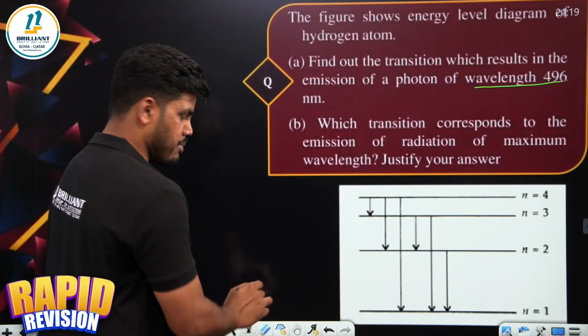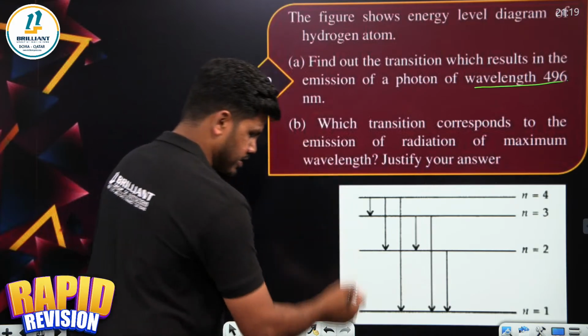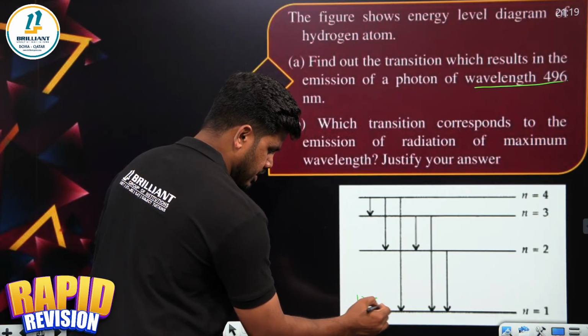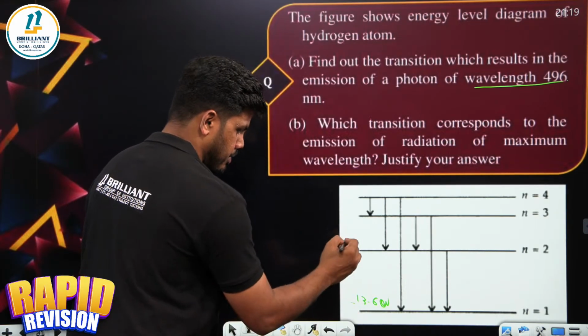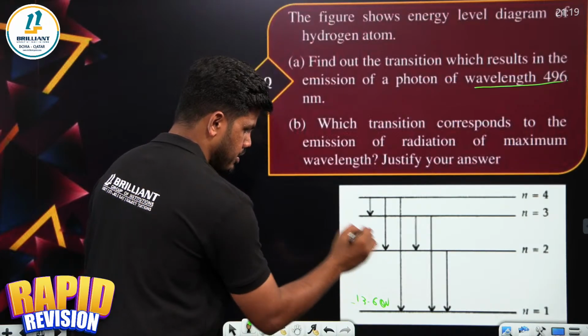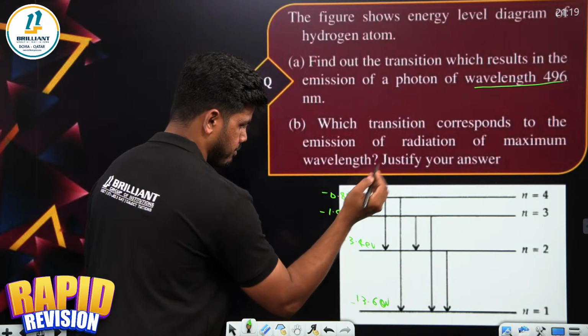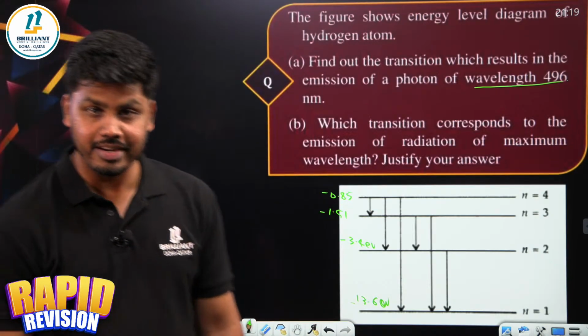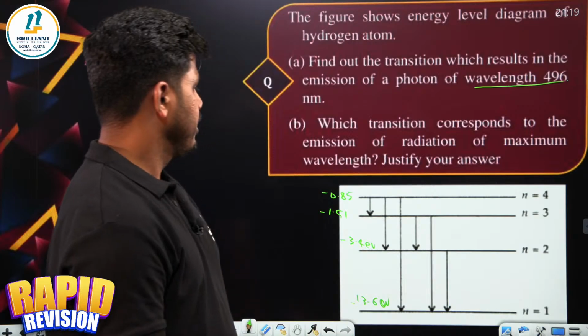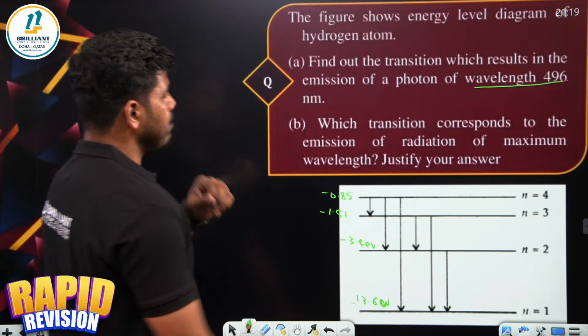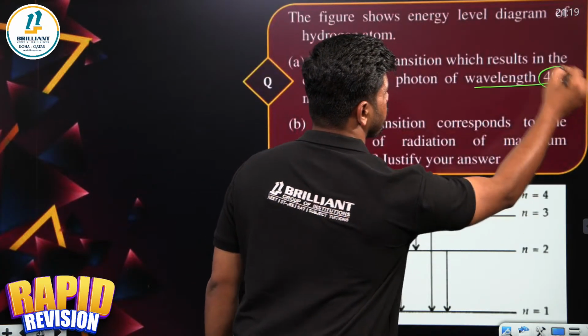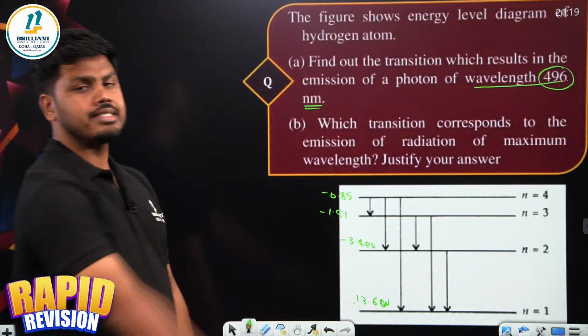Here, if you remember the values, it will be quite easy for you. 13.6 electron volt, minus 3.4, minus 1.51, minus 0.85. Yes, we know the values. Hydrogen atom is given in the question. You have to find a transition in which 496 nanometer is emitted.